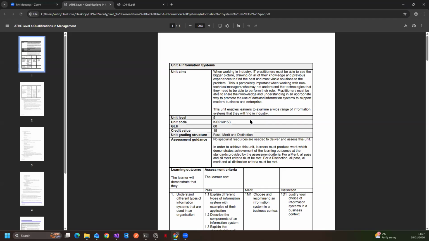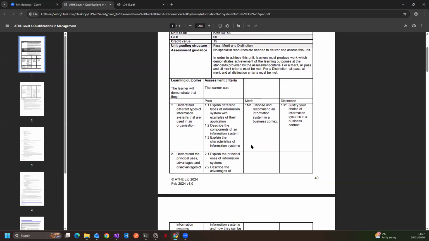So this unit enables the learner to examine a wide range of information systems that they will find in the industry. This is a 15 credit unit, and it is graded with a pass, merit, or distinction, depending on the number of tasks that are required to cover.